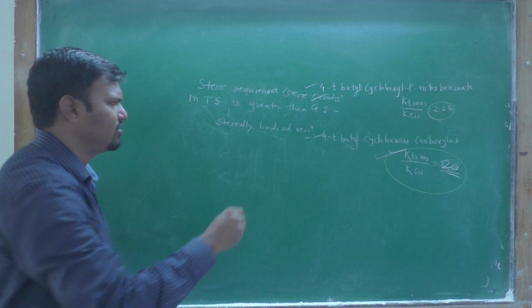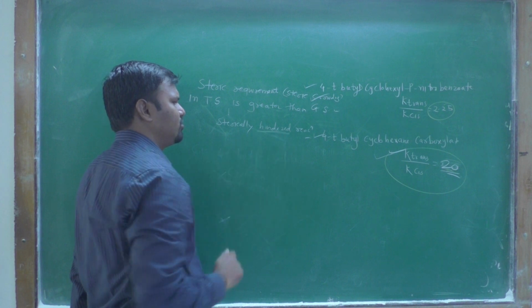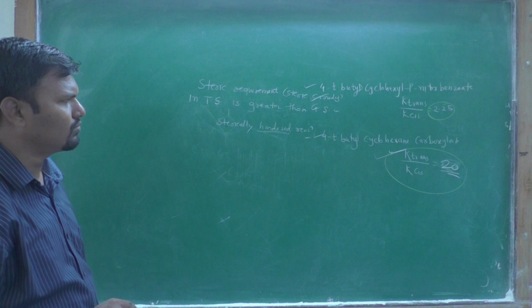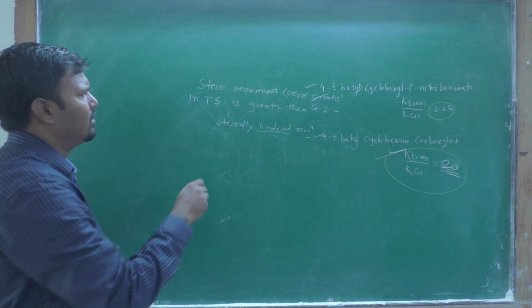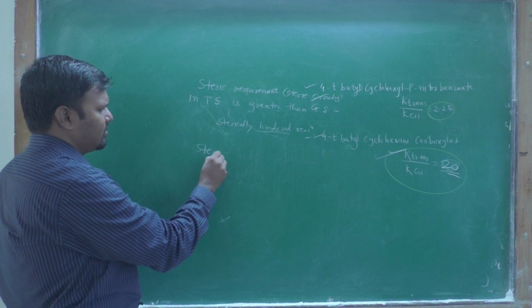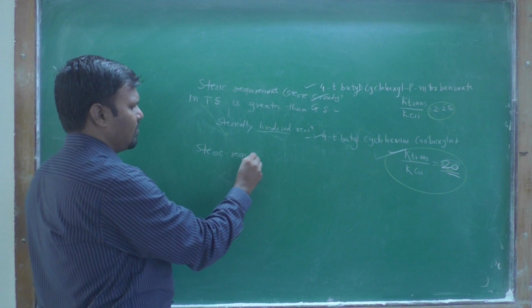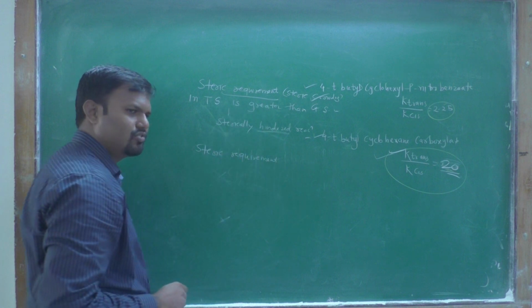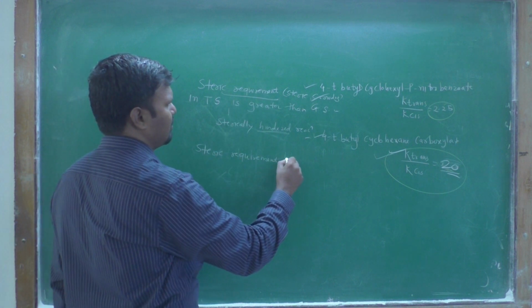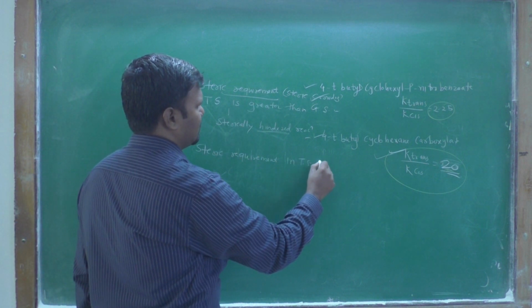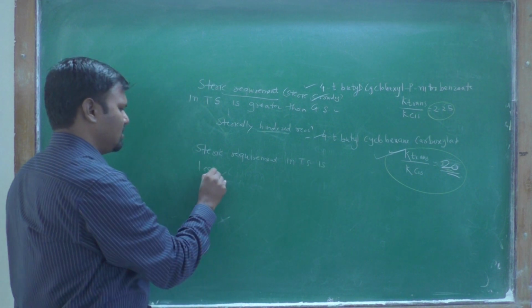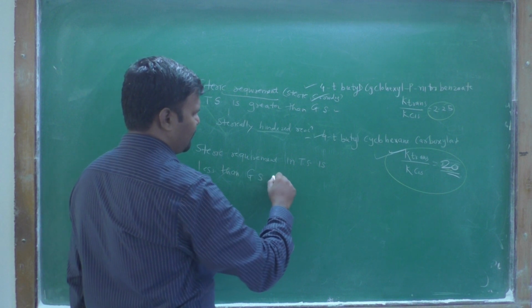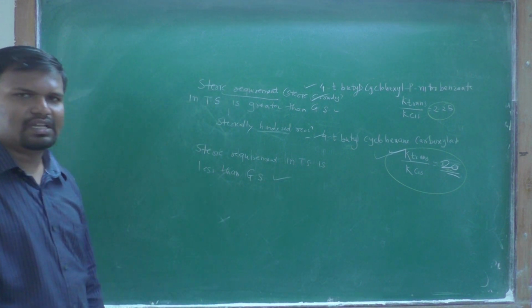There is some hindrance, some opposition, that is the sterically hindered reaction. And if the steric requirement, that is steric crowding, in a TS is less than the ground state, this is your sterically assisted reaction.